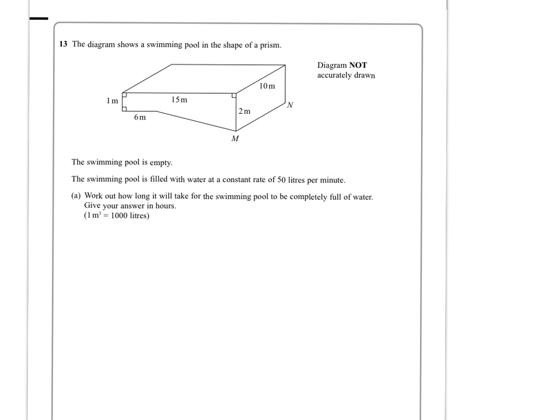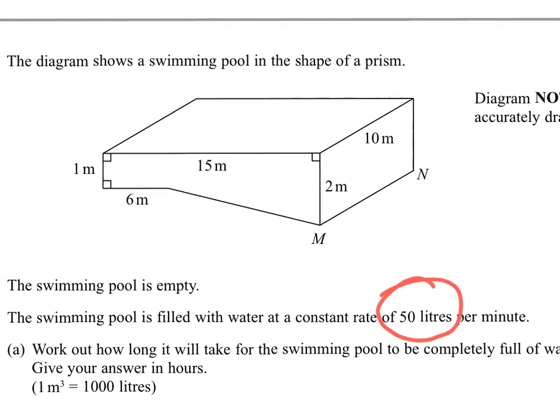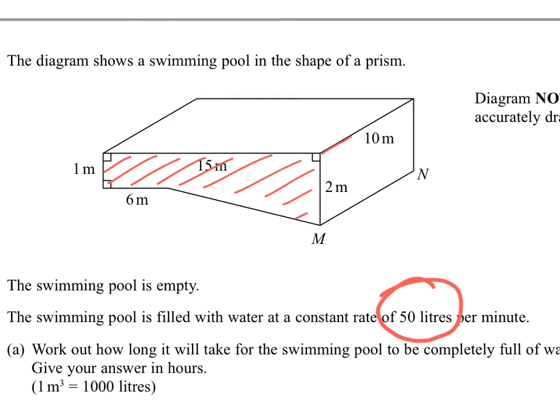So for this question, you've really got to work out the volume of the swimming pool. There's no two ways about it. And then let's think of the rate at which it's filled later. So I think what we've got to really realise fundamentally is that if we look at the actual prism itself, now when I say prism, I mean that this cross-sectional area is pushed back by a certain length.